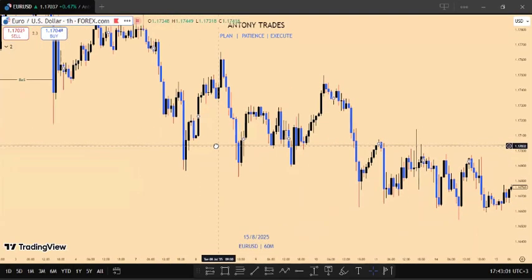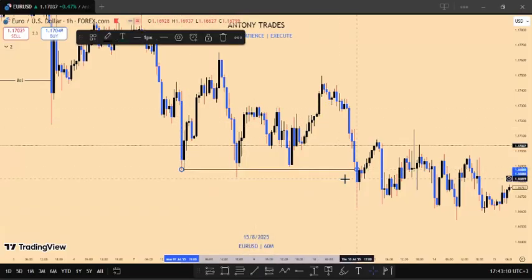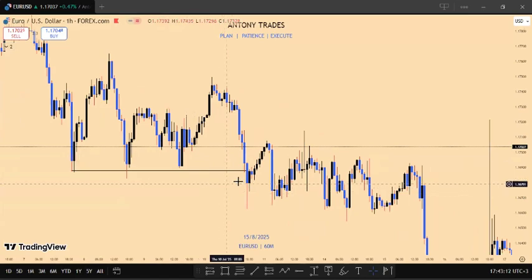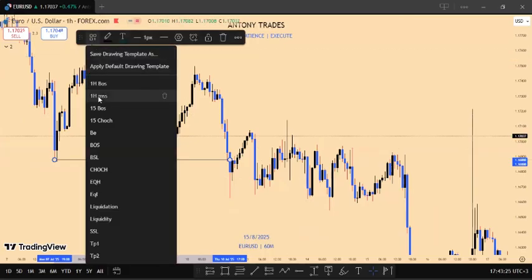Now, where else do we see a valid pullback? You can see here, we have a break of structure. After that break of structure, what we see? We have a valid pullback. This is the first candle, second, that. So this is a valid pullback for me. So let me mark this one as the break of structure.